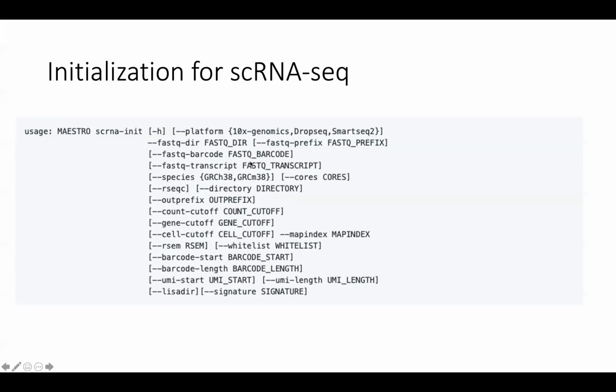In your homework, you're going to specify 10x Genomics, because the data that we're using was generated with 10x Genomics. But as we've seen, there are other platforms for generating single cell RNA-seq data. Maestro also works with Drop-seq or Smart-seq, and those are just different protocols, so the analysis would have to be slightly different.